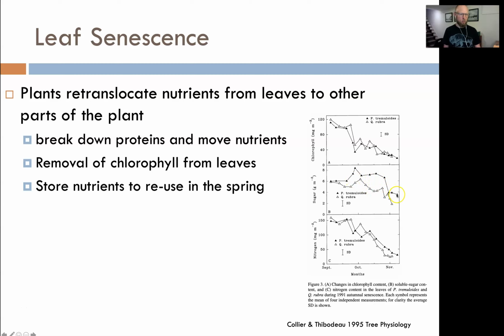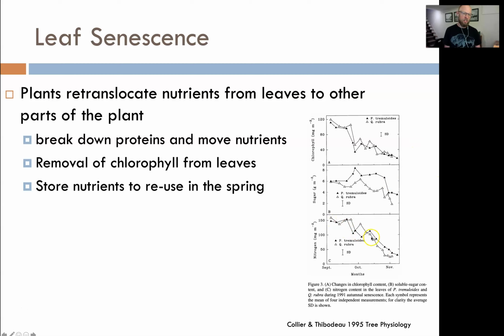You also see a little reduction in sugar concentration. So they're removing some of the carbon from their leaves. They're also using a lot of that carbon during the process of translocating things. So we're seeing reductions in the sugar. But I will point out that the interpretation of the sugars is a little more uncertain in why it might be decreasing or not decreasing, so we don't put a lot of weight on that interpretation.